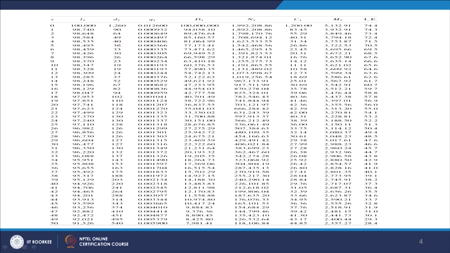Depending upon the deaths you can calculate the probability of that death, that is Qx. Then you have all these other terms like Dx, Nx, Cx and Mx.